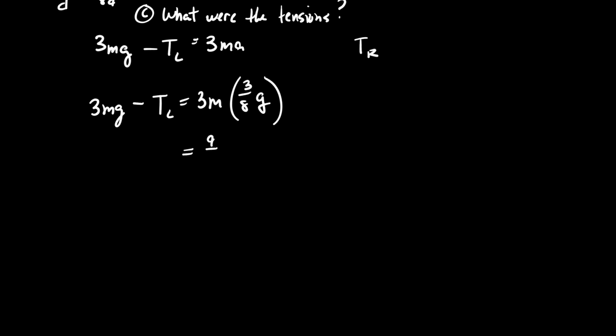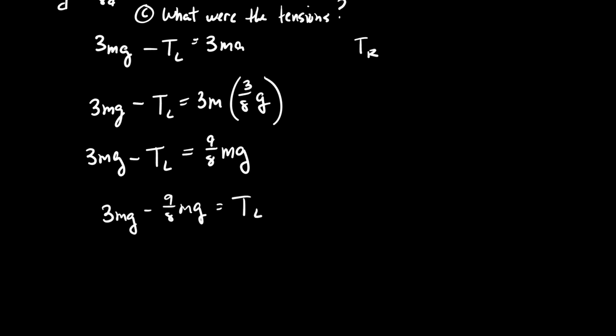So 9/8 mg. Subtract it from the other side, while at the same time adding TL to the other side. Can you guys do that all in one step? Is that something you guys can do in a single step like that?